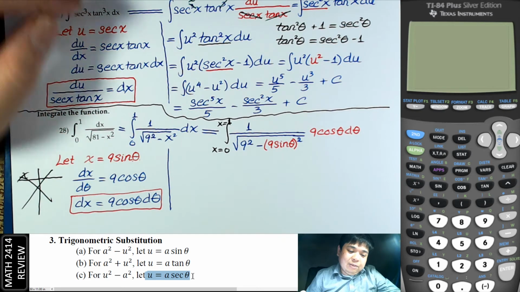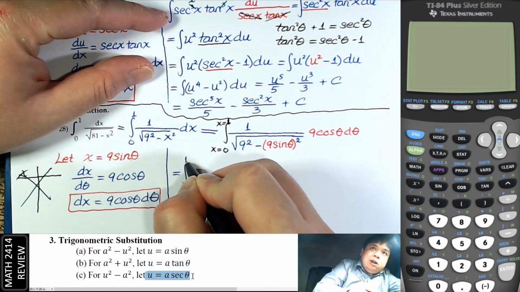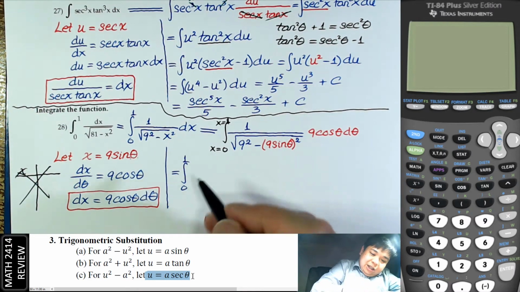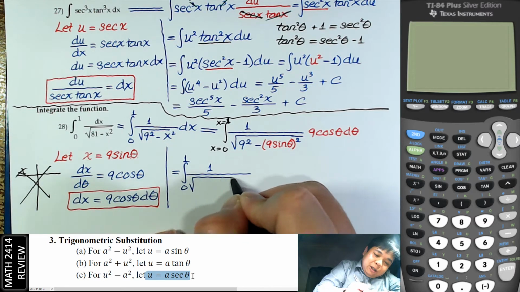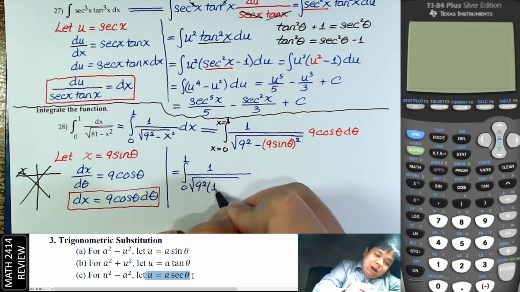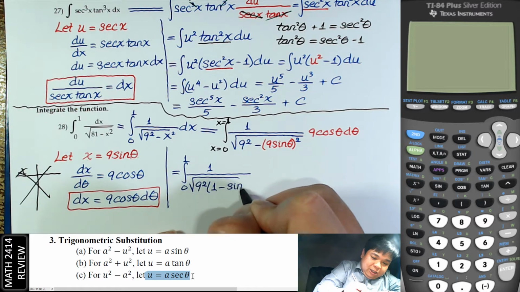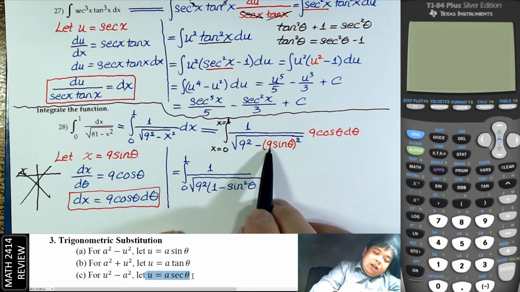Now inside the parentheses, inside the square root, there's a 9 square. I factor out, and then 1 minus sine square. So that gives us 9 square and sine square.